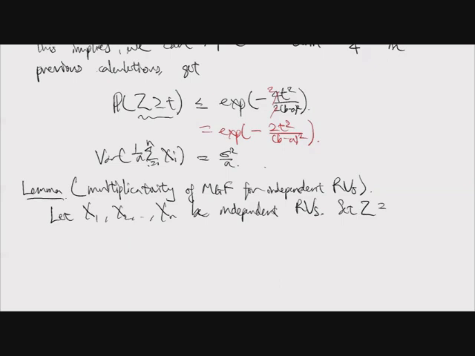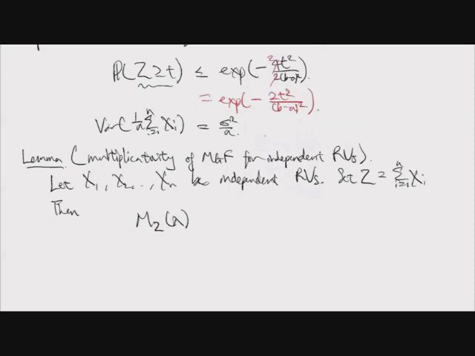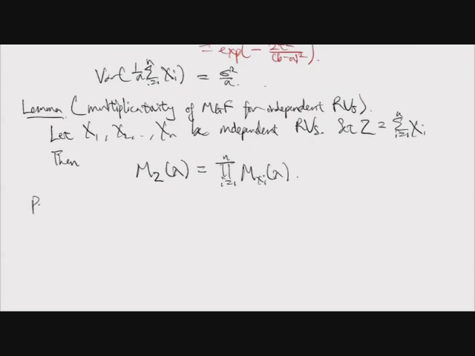Let's set Z to be equal to the sum. Here I'm not going to normalize by 1 over n, for generality; I'm just going to state this for the sum. The statement is that the moment generating function of the sum is equal to the product of the moment generating functions of each of the xi's. So what's the proof? The proof is just algebra in some sense.